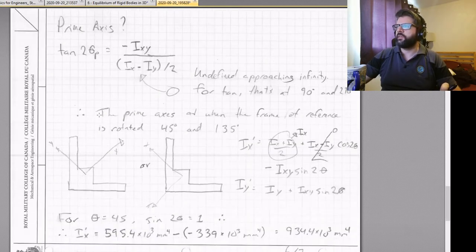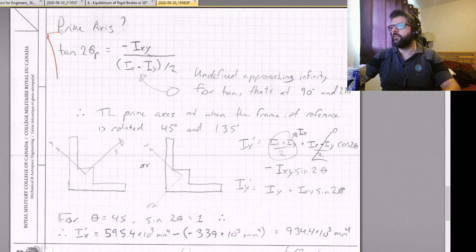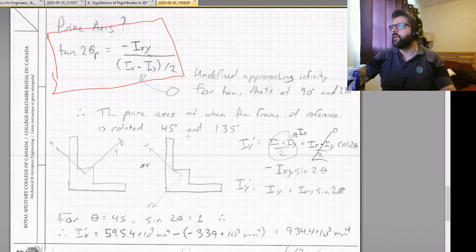So we got that. What do we do with it? Well, we want to find our prime axes. In this instance, we use this relationship to find how much we need to rotate to get to our prime axes. However, our Ix minus Iy here is 0.